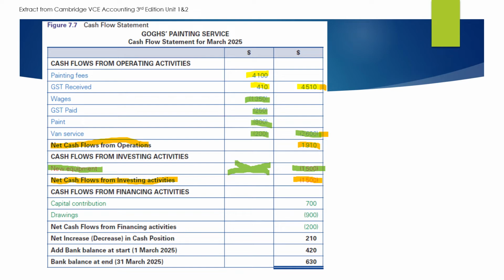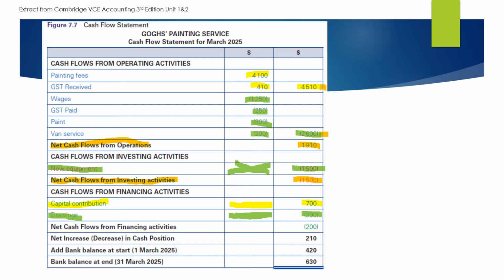Now on to financing activities. Here we have a cash inflow from capital contribution of $700, and we also have a cash outflow from drawings totaling to $900. Again, because we only have one item for each, the cash inflow and the cash outflow, we don't have to write anything in the left columns, and we write the amount straight away in the right hand side.